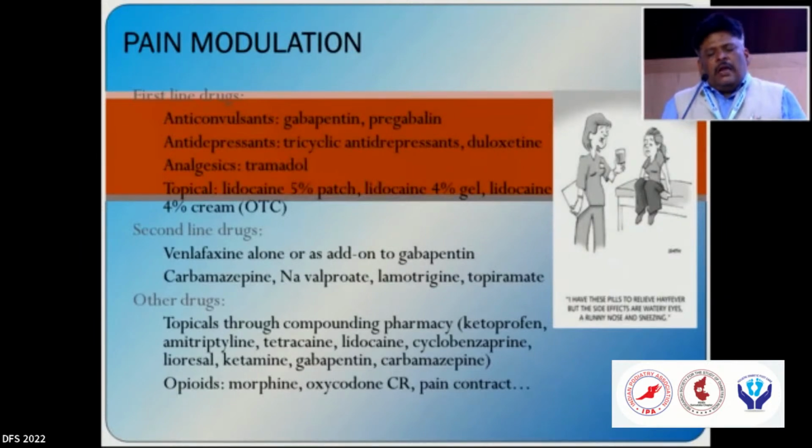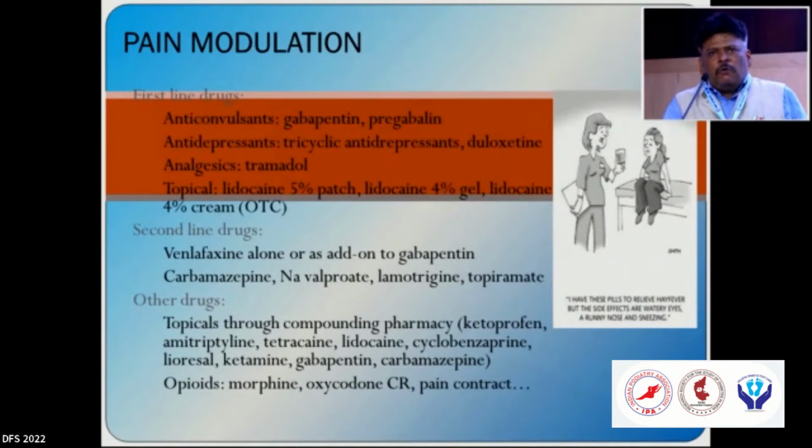Then in addition, you can also resort to lidocaine patches, and nowadays we also have a lot of products based on local application of gabapentin along with lidocaine. Opioids we generally try to avoid, because this is a long-term chronic issue that we need to manage. If the pain doesn't go away, opiate dependence should not happen. So though it's mentioned in the slide, I want you to use pregabalin and duloxetine as the first agents.